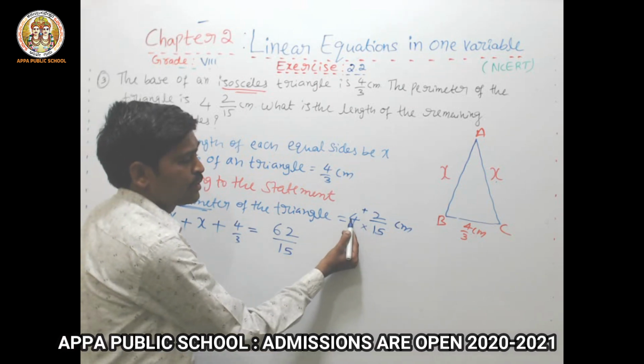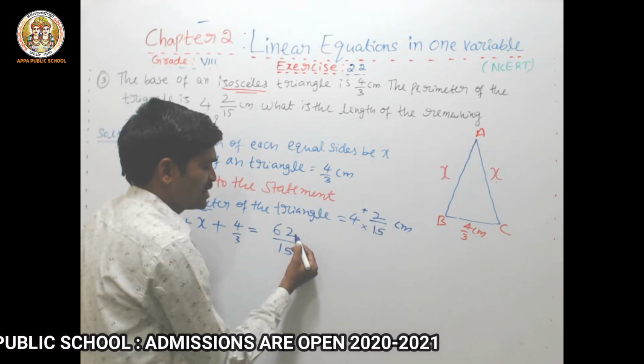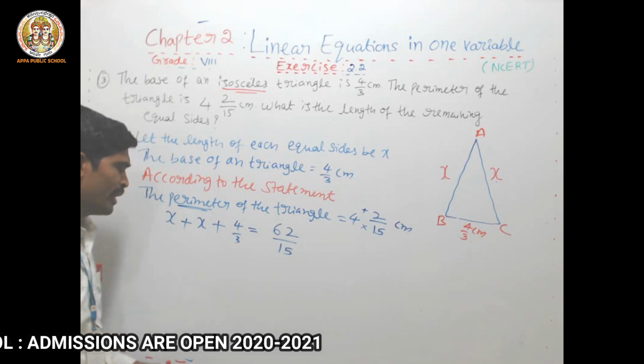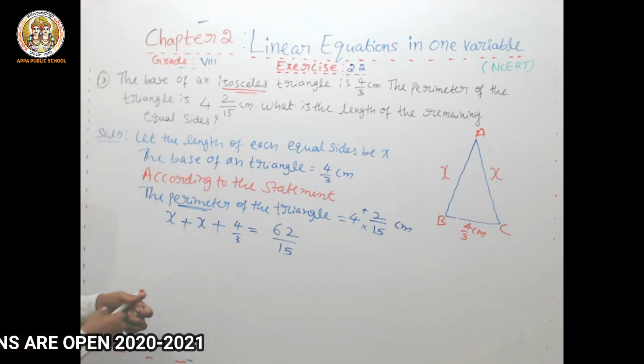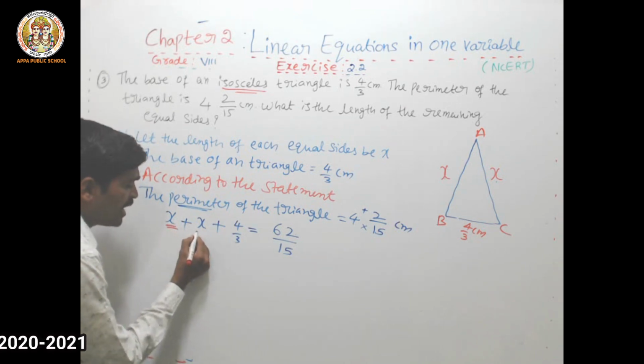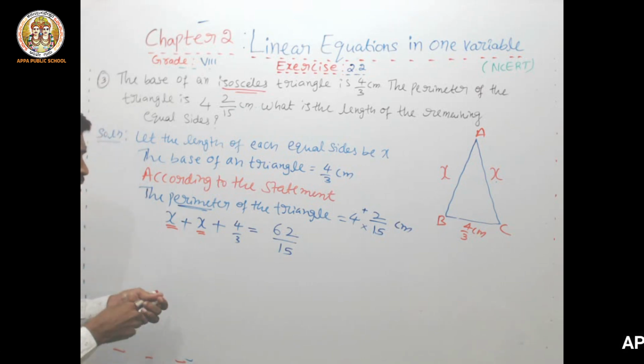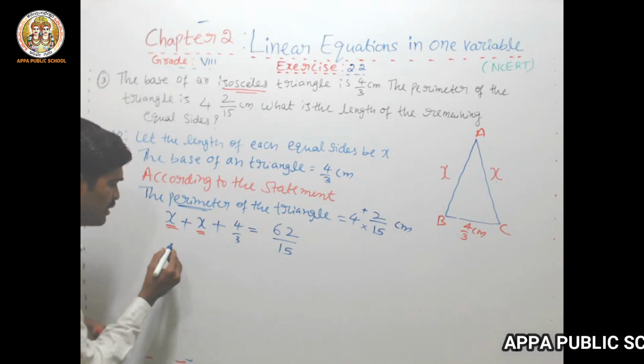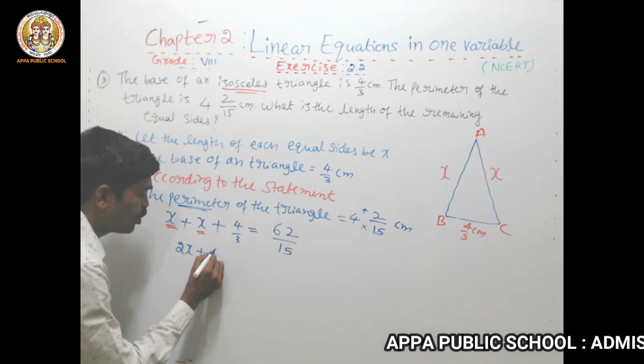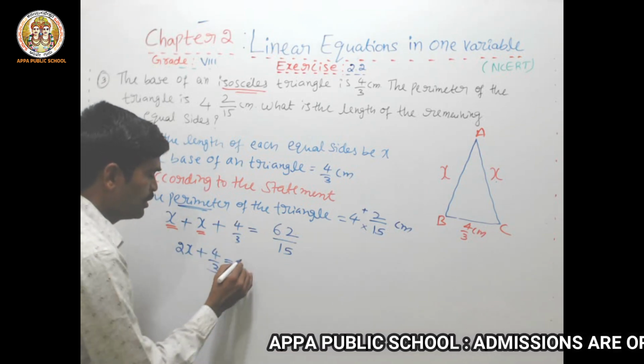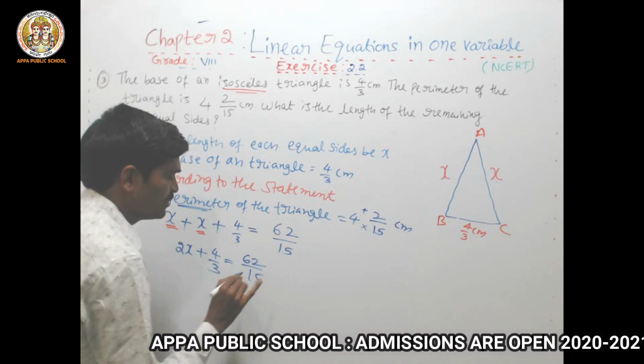I repeat, 15 fours are 60, 60 plus 2 is equal to 62 by 15. Now my dear students, these two are like terms. You can add x plus x, that should be 2x plus 4 by 3 is equal to 62 by 15.